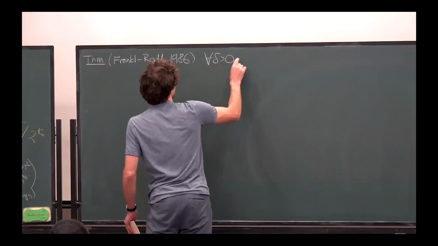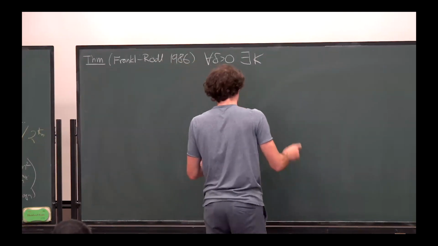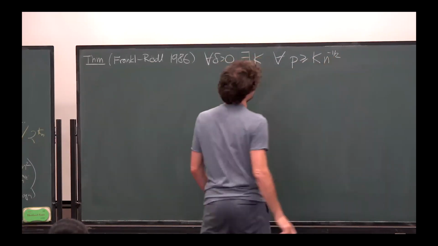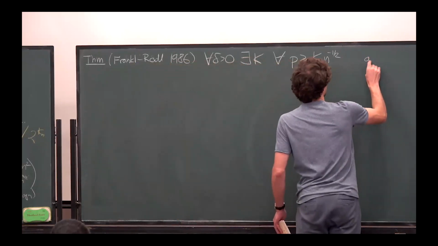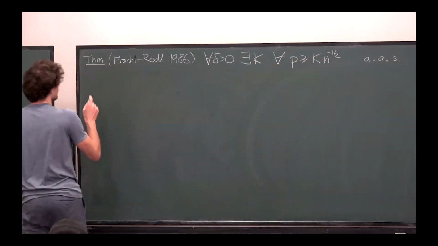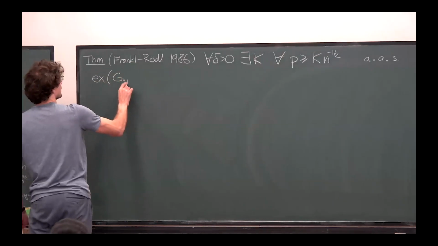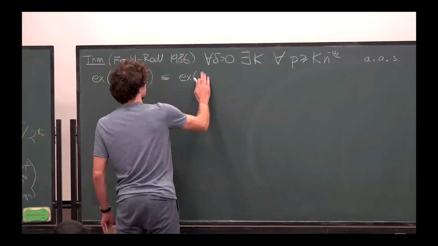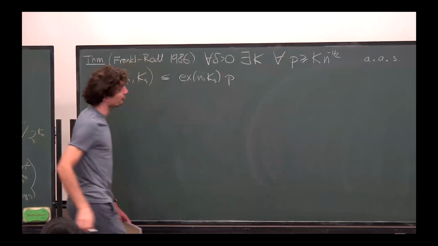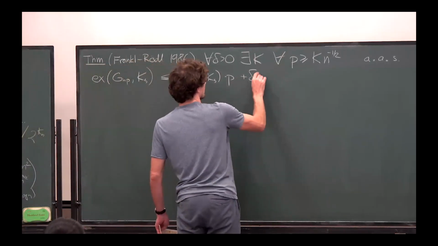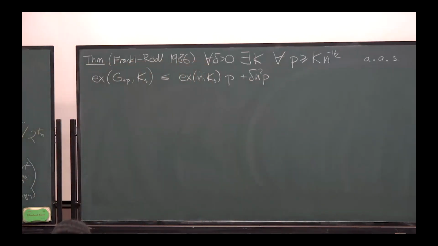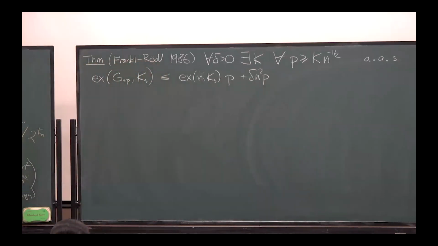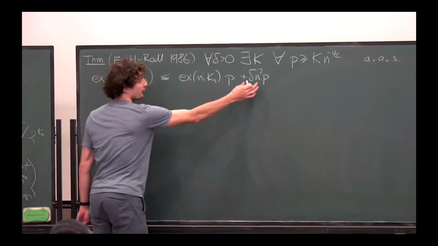The statement is: for every delta, there exists a constant K such that whenever p is at least this large constant divided by root n, then asymptotically almost surely, meaning with probability tending to 1 as n tends to infinity, the largest triangle-free subgraph of G(n,p) is no bigger than the p proportion of it in Kn plus an error term. This could be thought of as just little o of n squared p. So this is roughly half of n choose 2 times p plus little o of n squared p, and we already showed a lower bound which matches it up to this error term here.